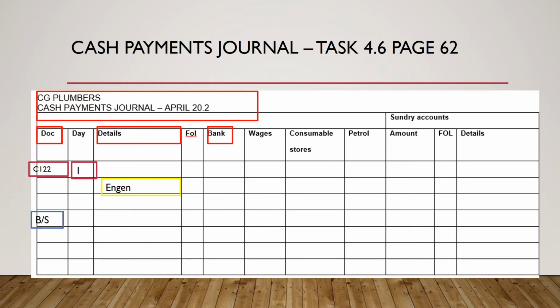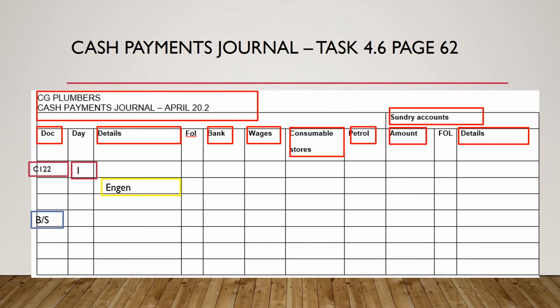Then we have a column for details, telling us who we are paying. Then we have a column for bank, showing us how much money is leaving the bank. Then we have a column for wages, telling us how much wages we are paying on a particular day. Then we have consumable stores, petrol, and sundry accounts for all other accounts that we do not have a column for. Our first transaction is on the 1st of April.